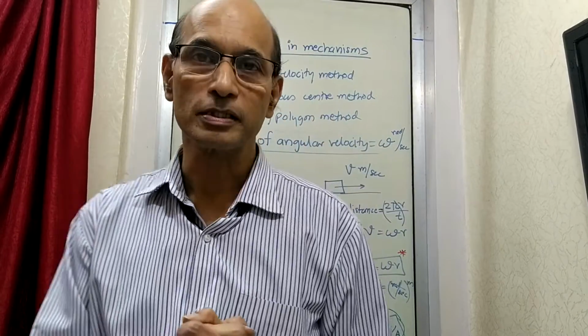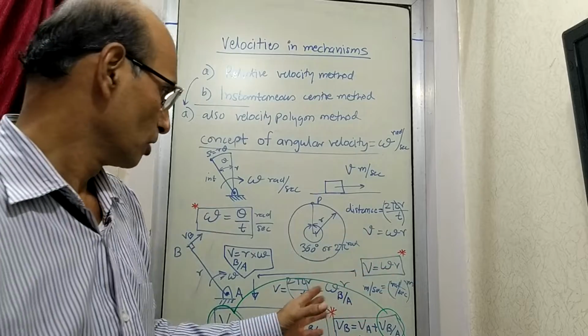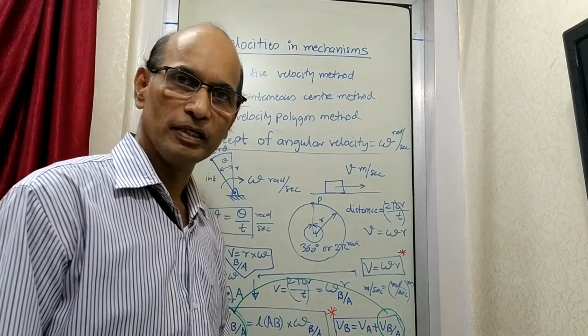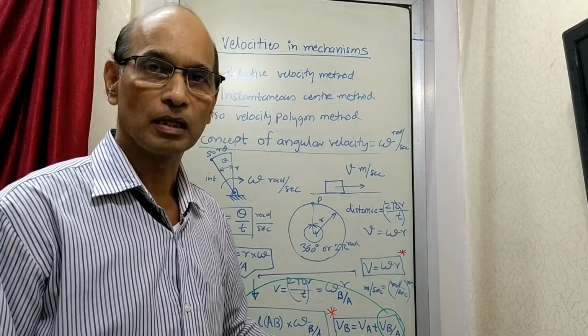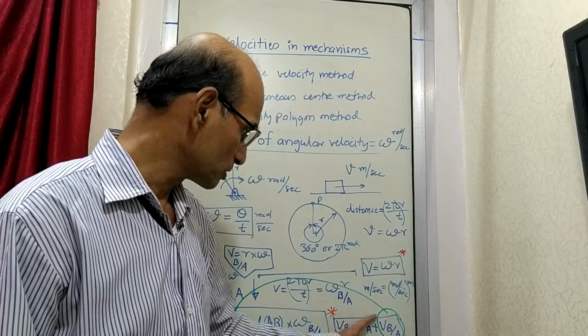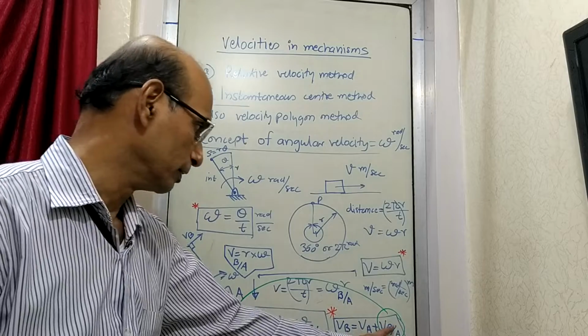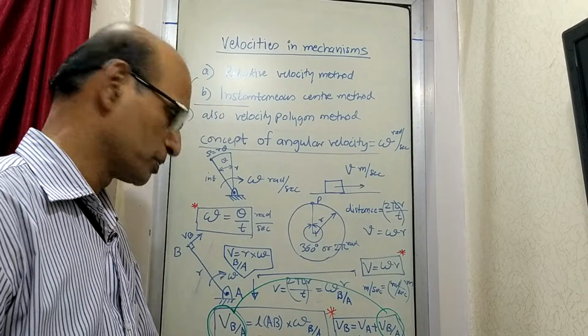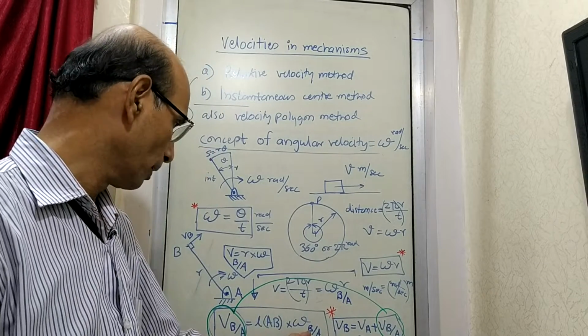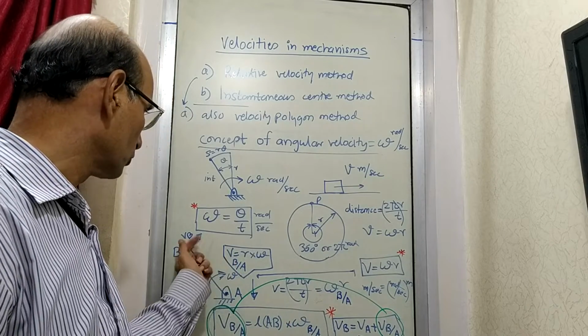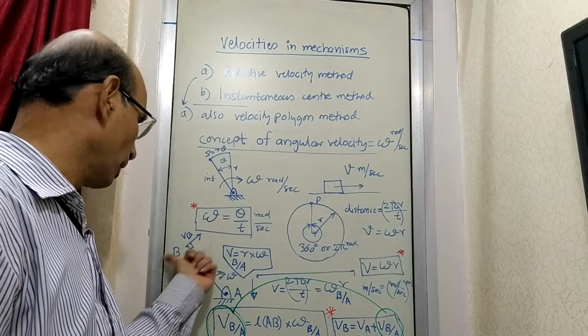So we have now written three rules or three conclusions. The first conclusion is about the velocity, how it is related to some other point, so we have brought another point into the picture. Then we have written how the magnitude is calculated, which is r into omega. The next thing is the direction: why like this, why not like this?